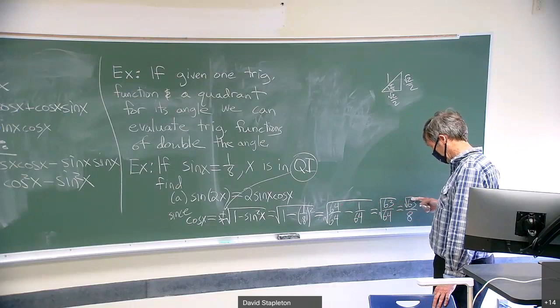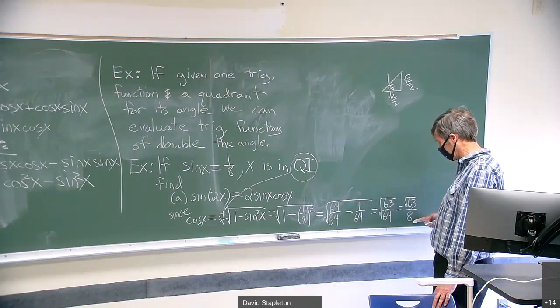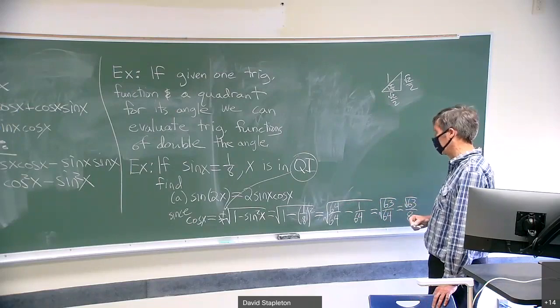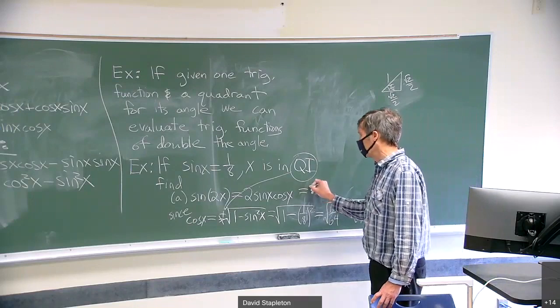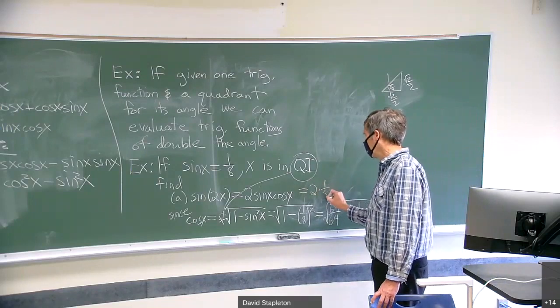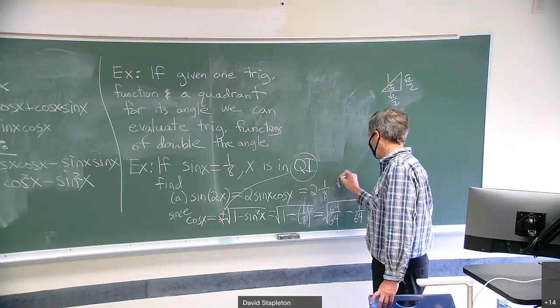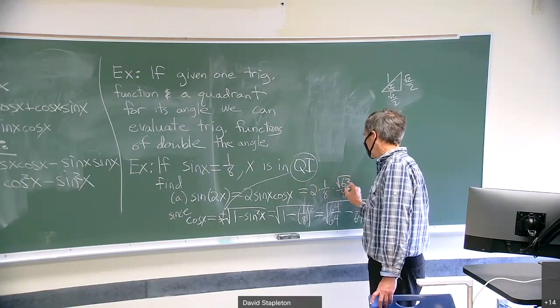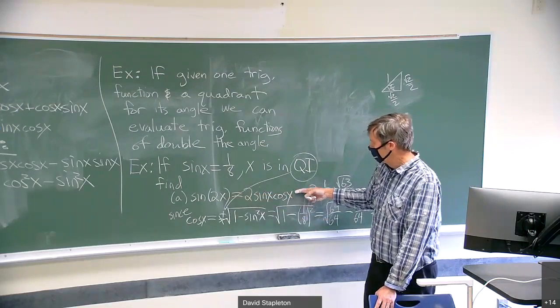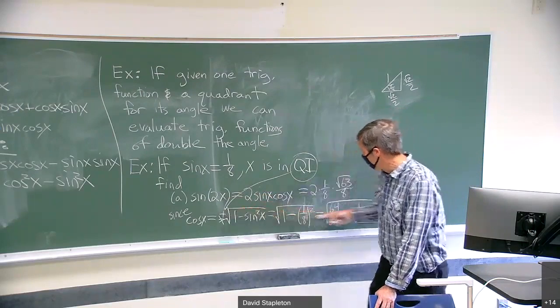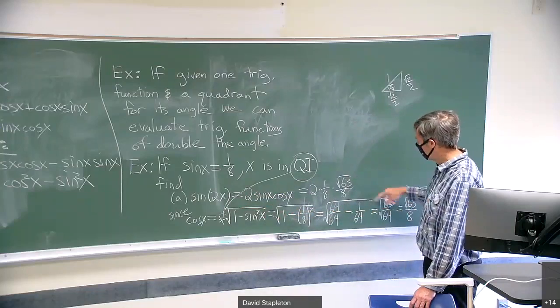Square root of the quotient is the quotient of the square roots: square root of 63 over square root of 64, and square root of 64 is 8. There's the cosine. So now I'll put it in as 2 times 1/8 times square root of 63 over 8. But that's what you can do on all these: write down the double angle identity, figure out which trig function you need and compute it, and then plug it in.